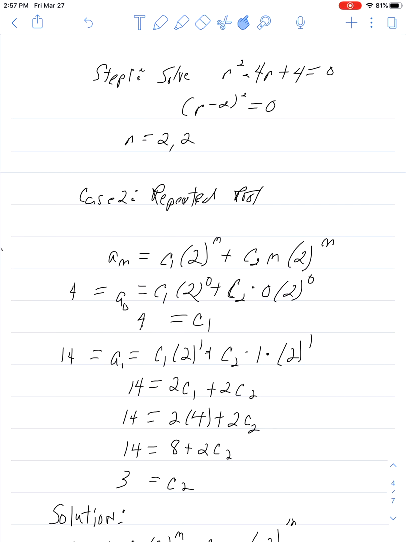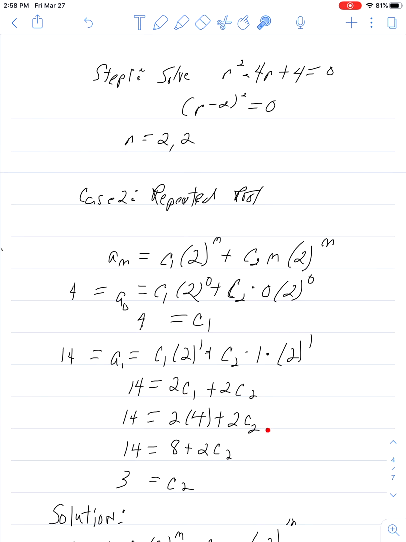Now I need to solve for c2. I plug in my second initial condition, which says a1 is 14. I plug n equals 1 into this equation to get this. After I clean things up, I get 14 is 2c1 plus 2c2. But of course I know c1 is 4.